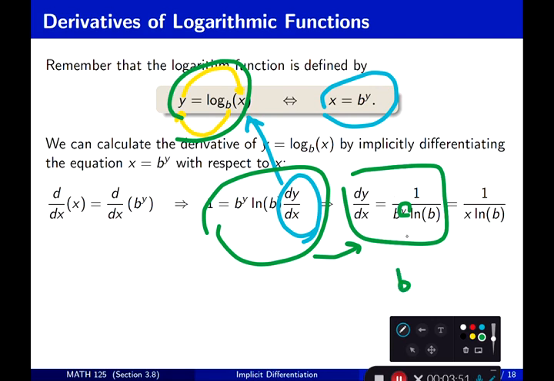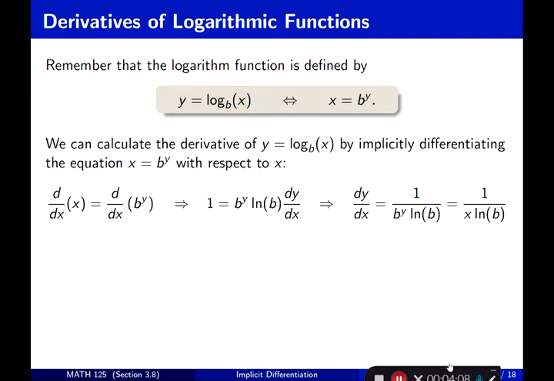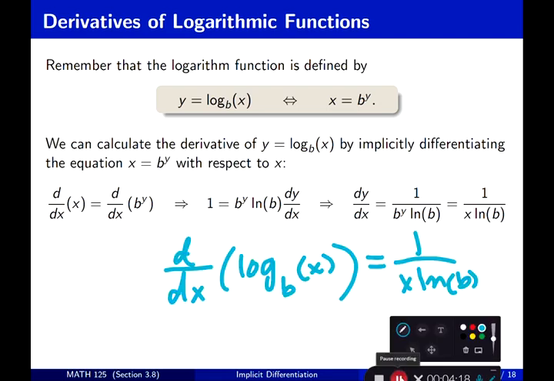So b to power log base b of x, according to the laws of exponential and logarithm, is going to be x, and that's the formula. So again, the formula is the derivative of log base b of x is equal to 1 over x natural log of b.